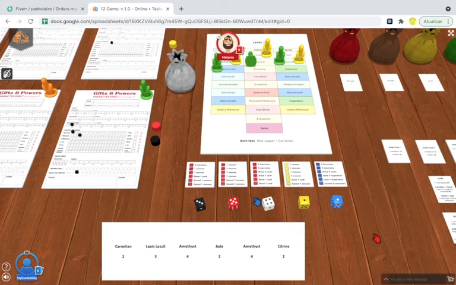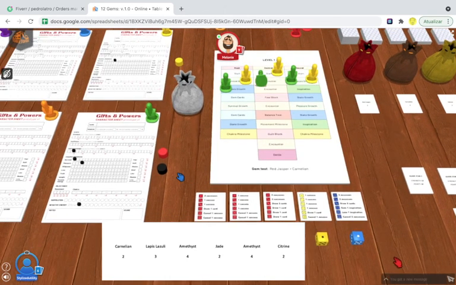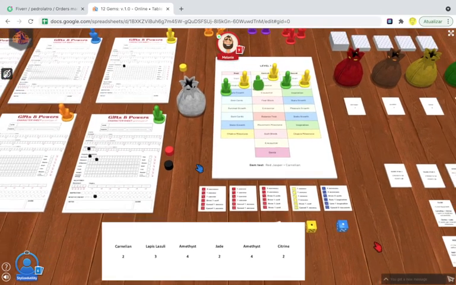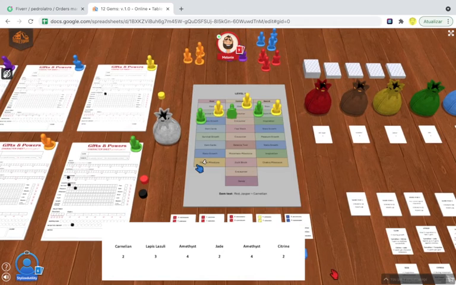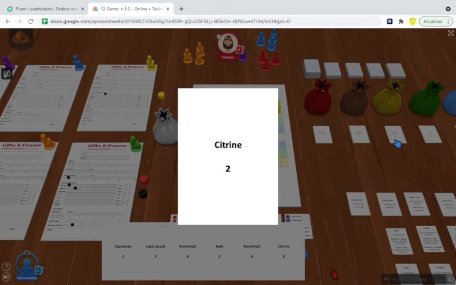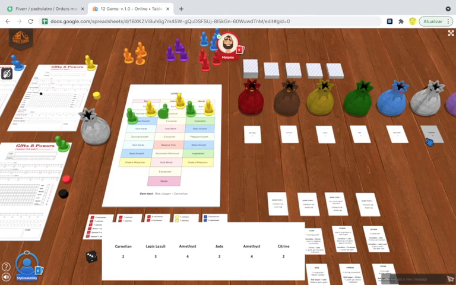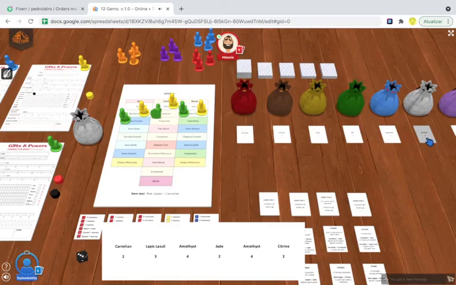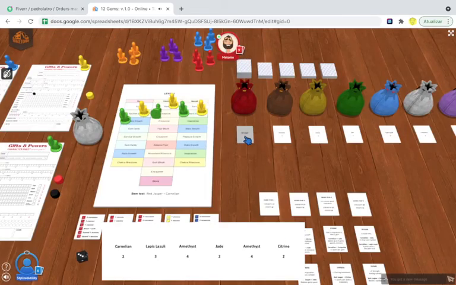Okay, so I really need the Jasper. You said Jasper?